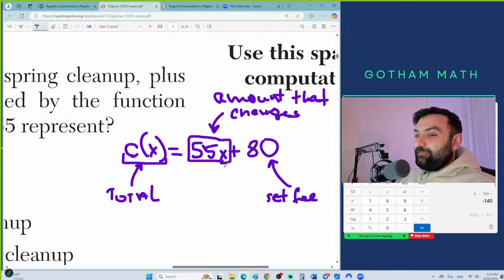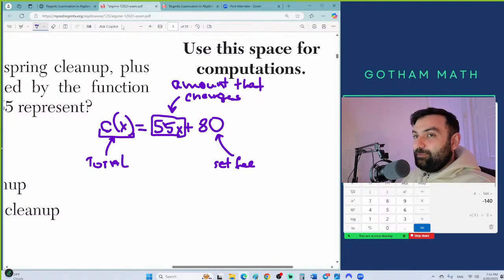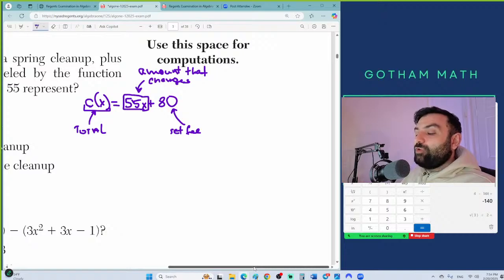If x is the amount of hours someone works, then if it's 1, you pay them $55. If it's 2 hours, you pay them $110. If it's 3 hours, and so on. It's something that changes, like an hourly rate. The greater the x, the more you will have to pay, the greater this number will go. That's how it works all the time.